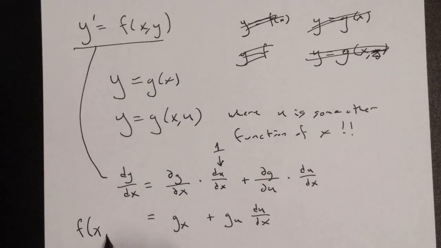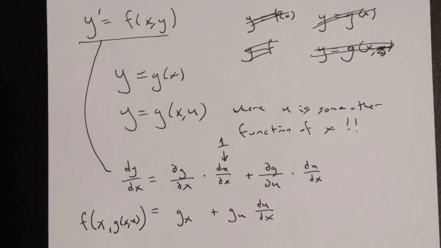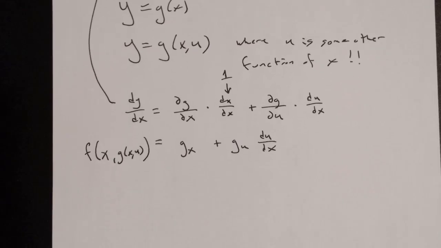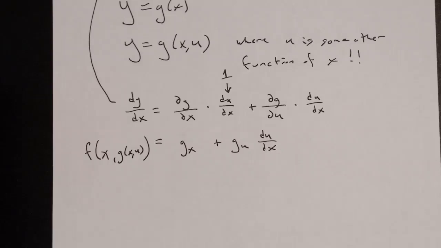But y is a function of x and u. So notice this is now related to x and g and u. So I have a little bit more complicated of a thing here, right? I made my equation a little uglier, messed with it a little.